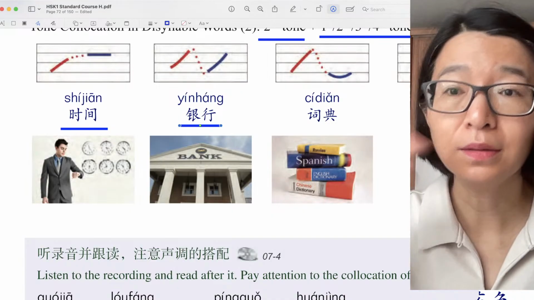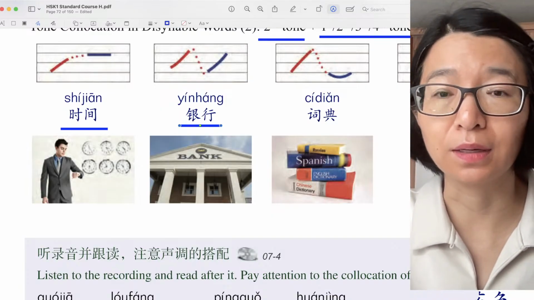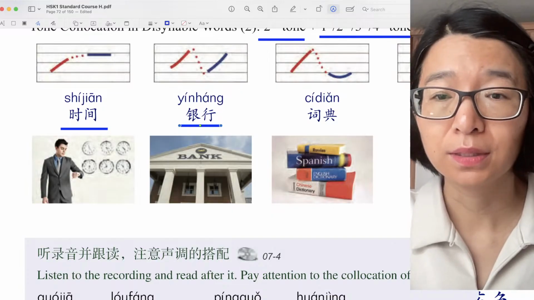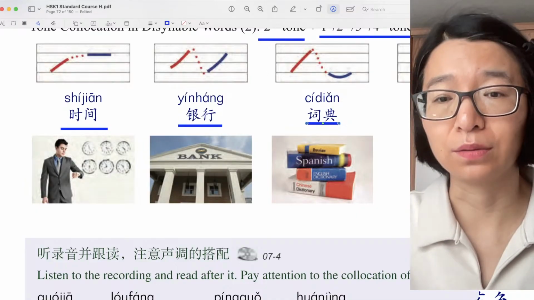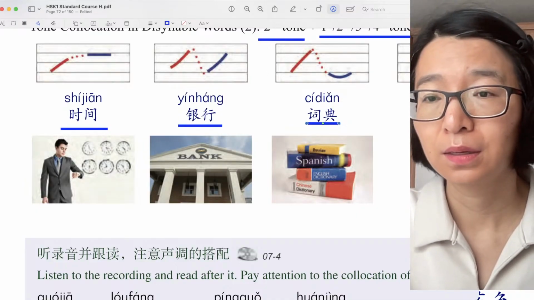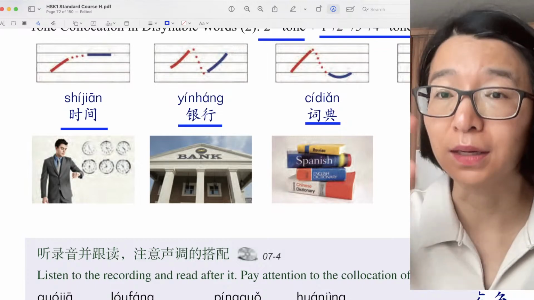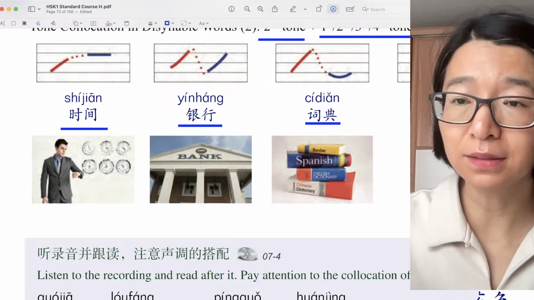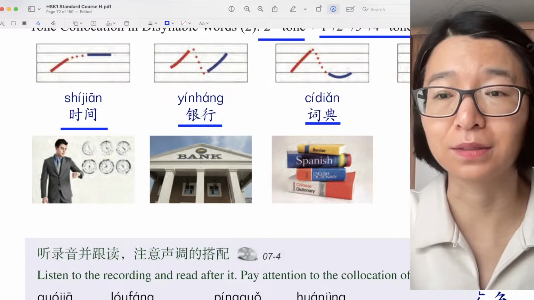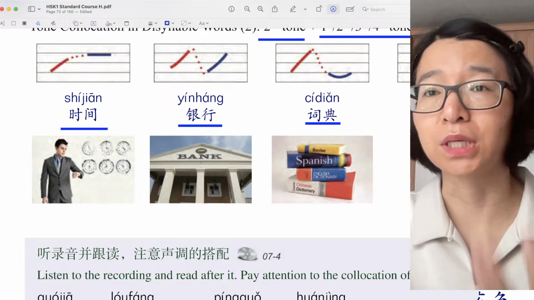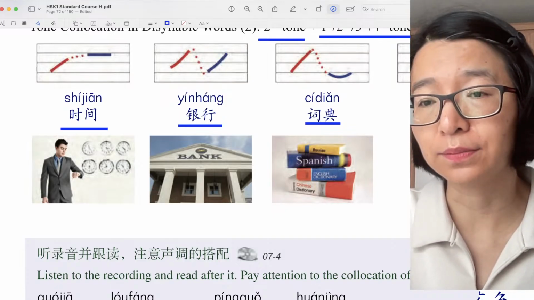银行, rising tone, 银行. Next one, 词典, dictionary. 蓝色, blue color, that's the literal meaning. In Chinese, when you want to say different colors, you need to say the word 色, which means color.